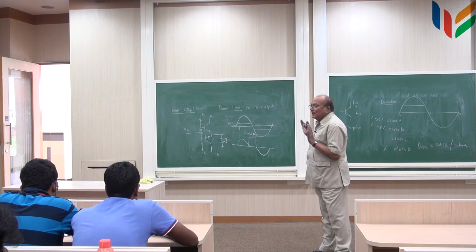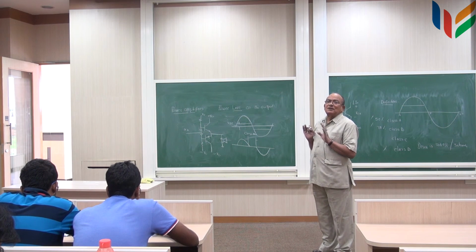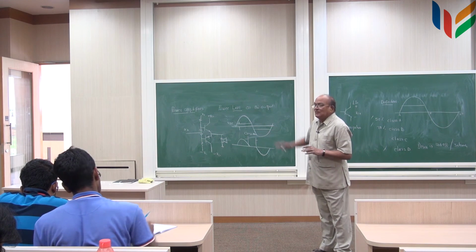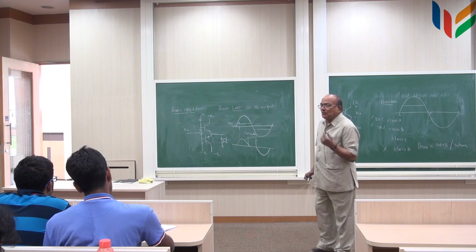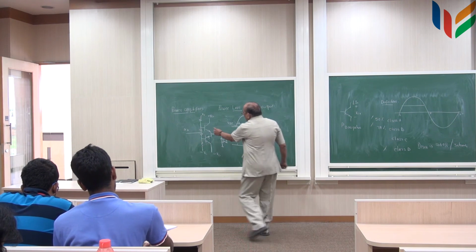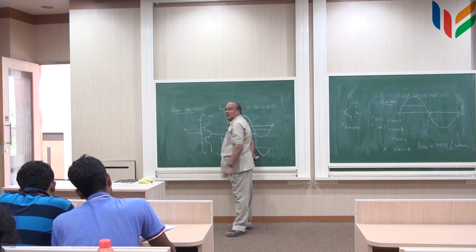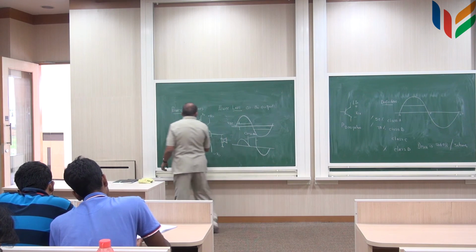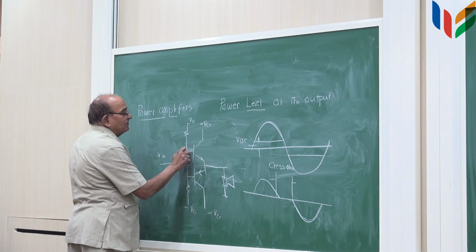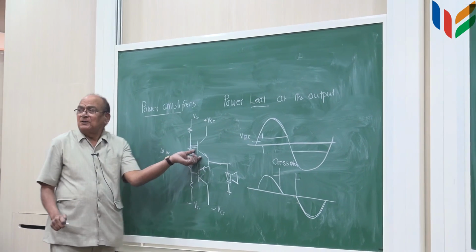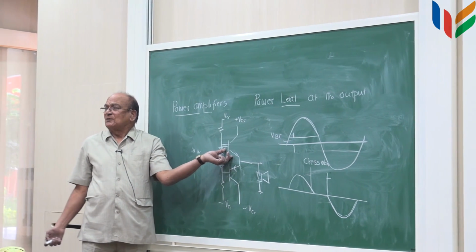That means, initially I have biased it in such a manner that the 2 transistors are ready to conduct. By this, I don't have to put diodes, but I put diodes for the simple reason, since there is a diode sitting here, I better put a diode sitting here, so this cancels with this. Normally, people even put more than 1 diode, small power diodes, because as I said, this voltage is usually more than 0.7 volts.